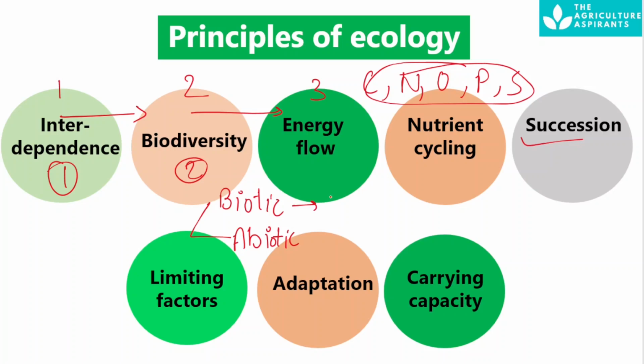Any species, any individual which is impacting the growth or survival of any species comes under limiting factors in the biotic sector. Okay, what are the abiotic factors? Like soil, water, climate. All these have a very significant impact on the growth of any individual or any species.